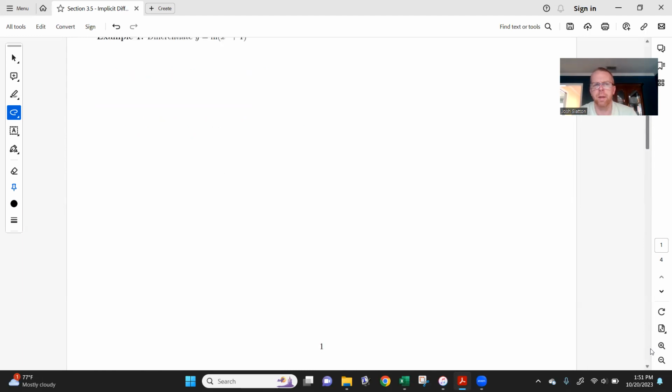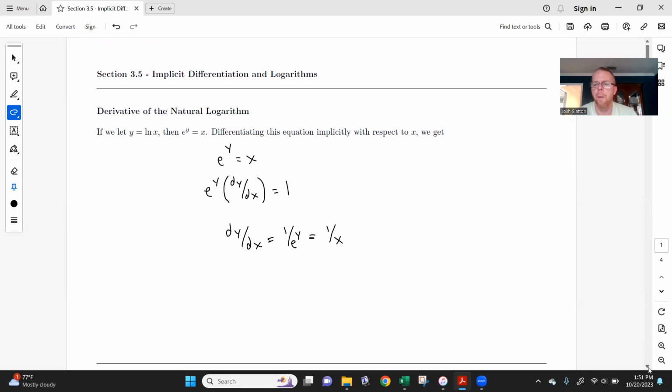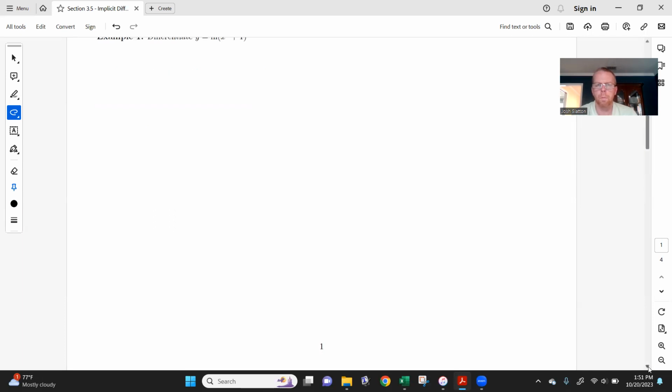Now, this example is going to combine a little bit of what we saw in the last section with composite functions. So anytime you have ln of a function, not just x, you've got to take the derivative of the function also. So this is just like what we saw in the last section.